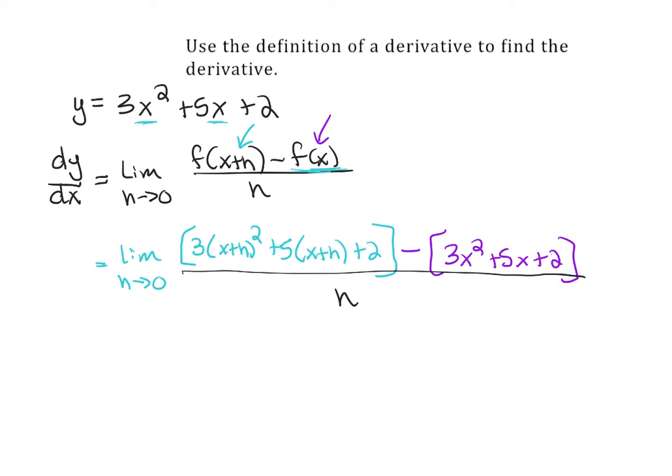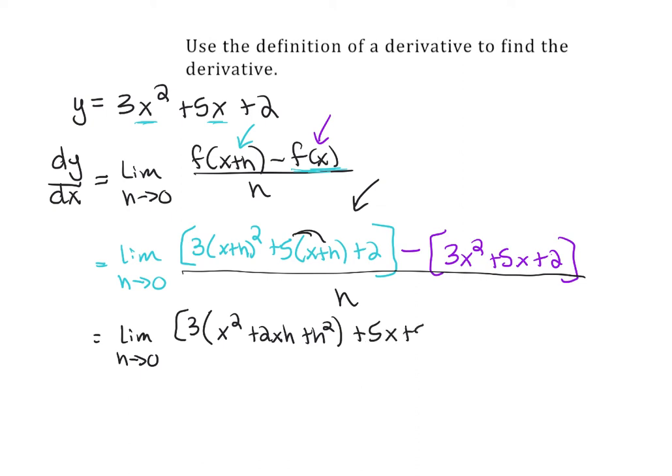Okay, so let's simplify in here a little bit. So I still have limit as h approaches 0, 3 times, that's x squared plus 2xh plus h squared, plus distributing 5x plus 5h plus 2. And then I will subtract. Actually, I'm going to get rid of this bracket here. So I'm going to just distribute that subtraction sign.